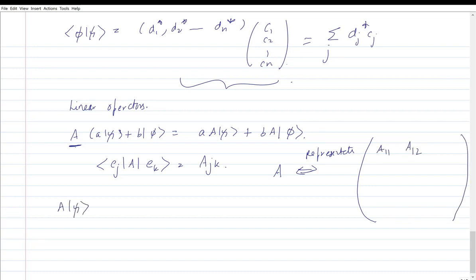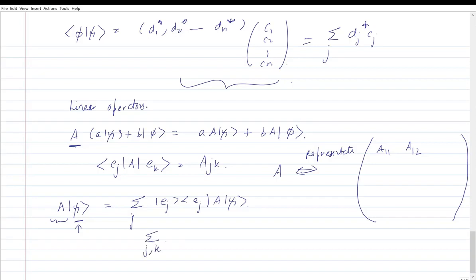So in other words, let's say I have a linear operator operating on a vector in this Hilbert space. What do I do? I just tag along the identity again. All this is to make you familiar with this bracket notation. Those who are not familiar, please try to do these elementary calculations yourself just to get a feel of things. So what do I get? I tack along another identity over there.